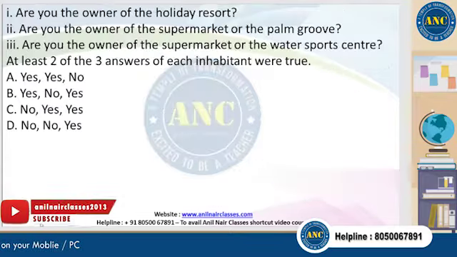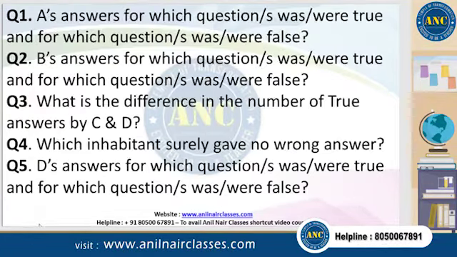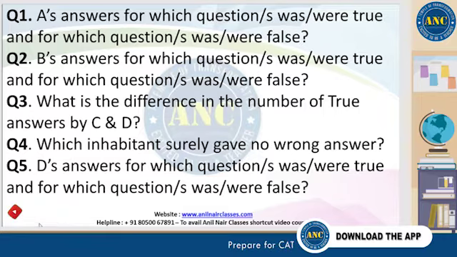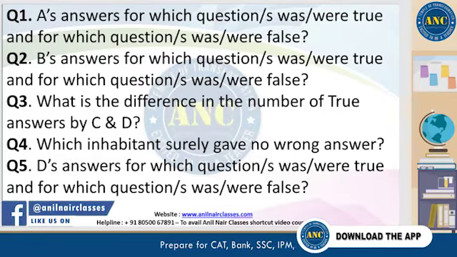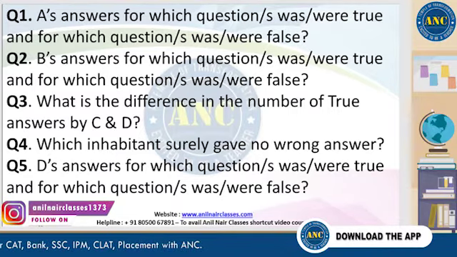In the meantime, let me show you the questions, how they look. A's answer for which question was or were true, and for which question. So all a short answer type. These answer for which questions were true and for which question or questions were or was false. What is the difference in the number of true answers by C and D?